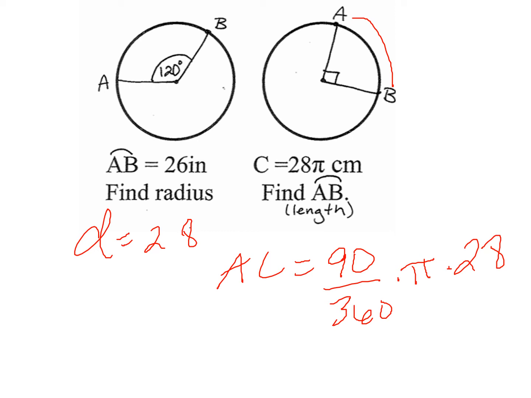And if I don't type in pi, I'm 90 divided by 360 times just the 28. I get 7, so my answer is 7 pi. Or, if I put it in the calculator, I say times pi now. And 21.99 or 22, because it rounds off.